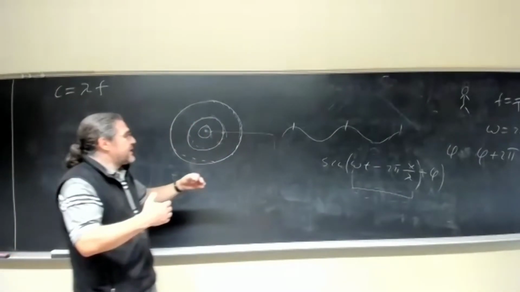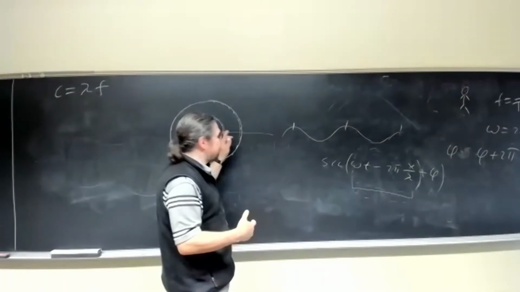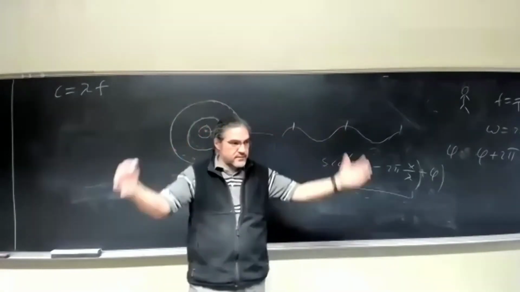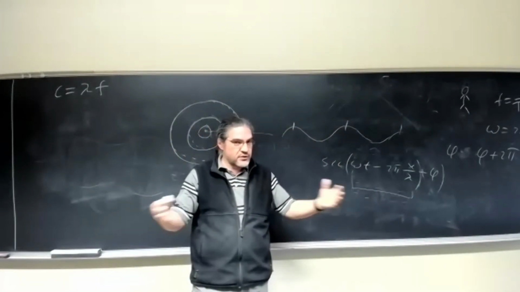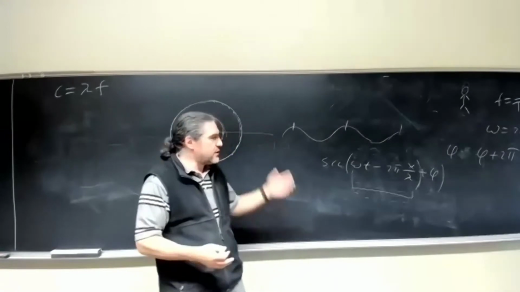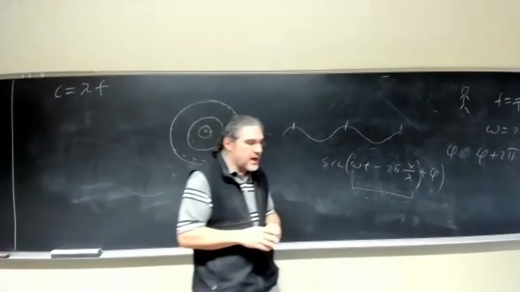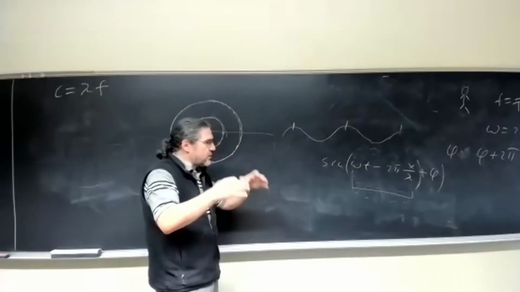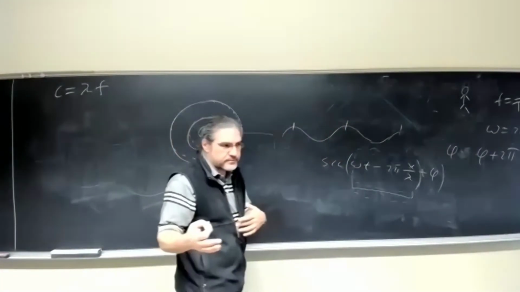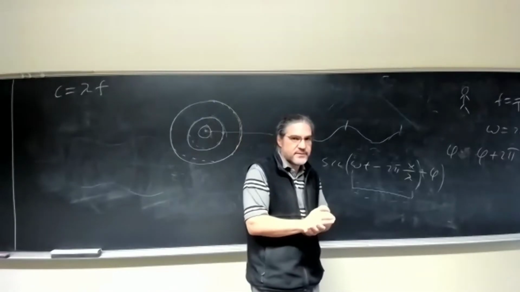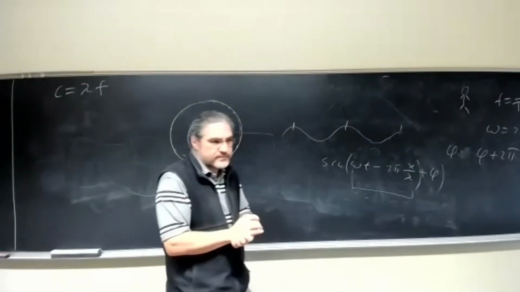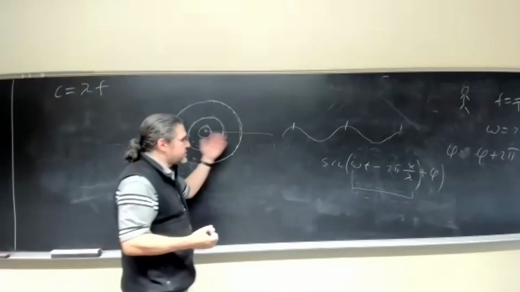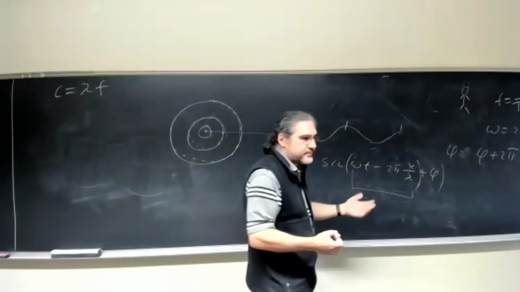I'm getting older. So those lines, or surfaces in 3 dimensions, are called wave fronts. They are surfaces or lines of the same phase. Does that make sense? Yes. So this is just a way to draw the propagation of waves.